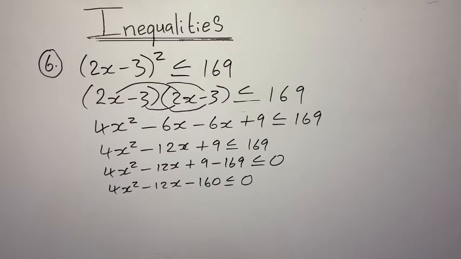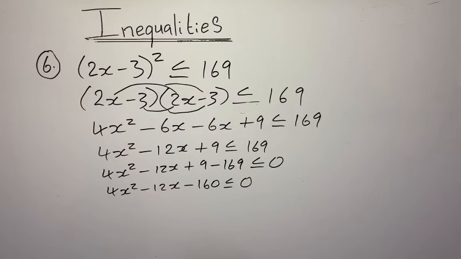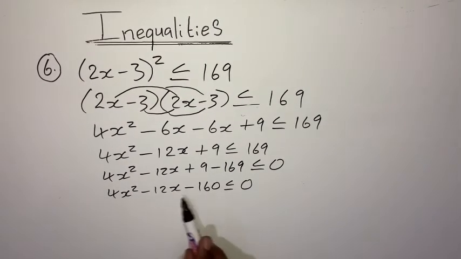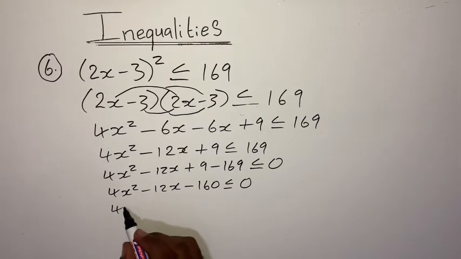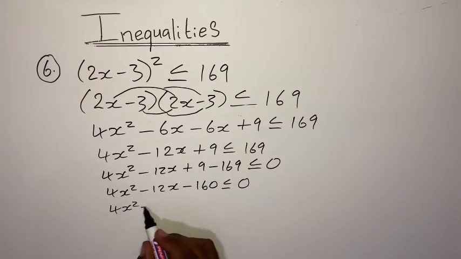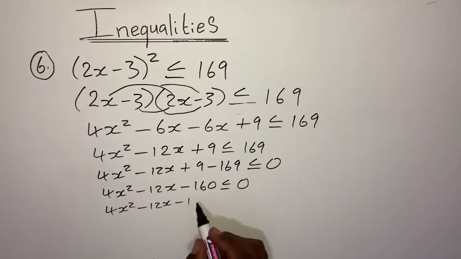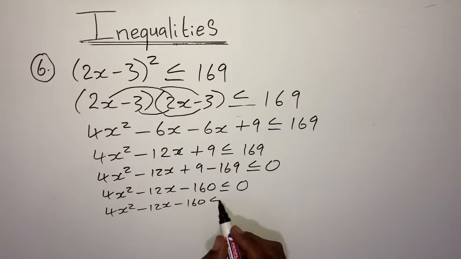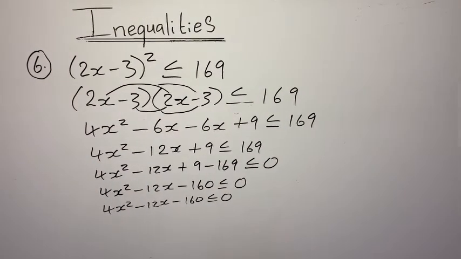Then from here, we'll have to divide with a 4 throughout, meaning that our 4x squared minus 12x minus 160 is less or equal to 0.